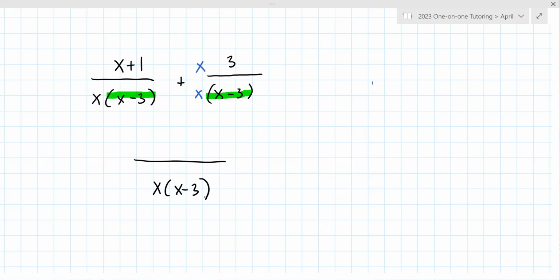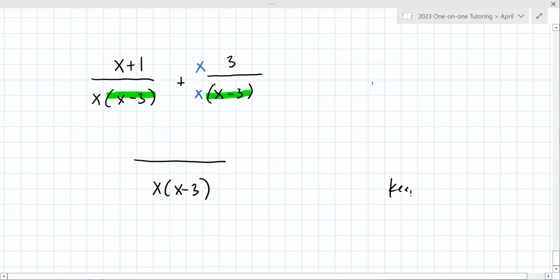Wait, did you combine the bottom? You keep it the same. The bottom, you keep the bottom. We talked about that for a while here. Keep the bottom. But the top, I'm asking about the top here. What do you do to the top? Can you combine it?